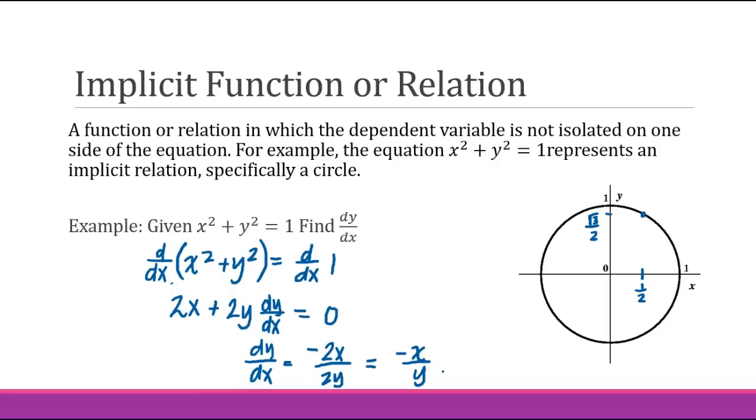So right here, the slope would be negative 1/2 over positive radical 3 over 2, because the formula for the derivative was negative x over y. So if we simplify this, it's negative 1 over radical 3. So that would be the slope of the tangent line at the point 1/2, radical 3 over 2.